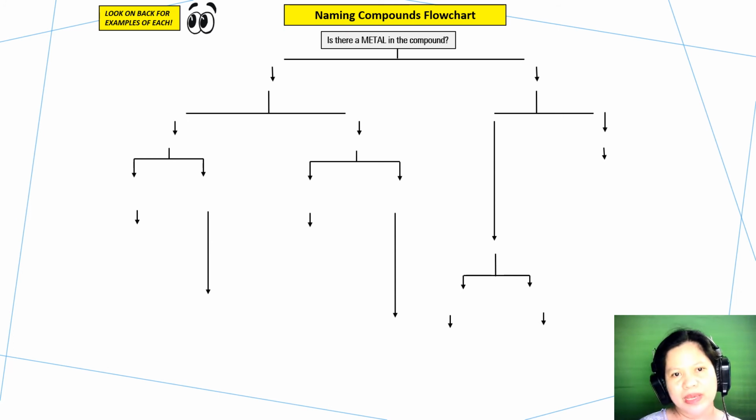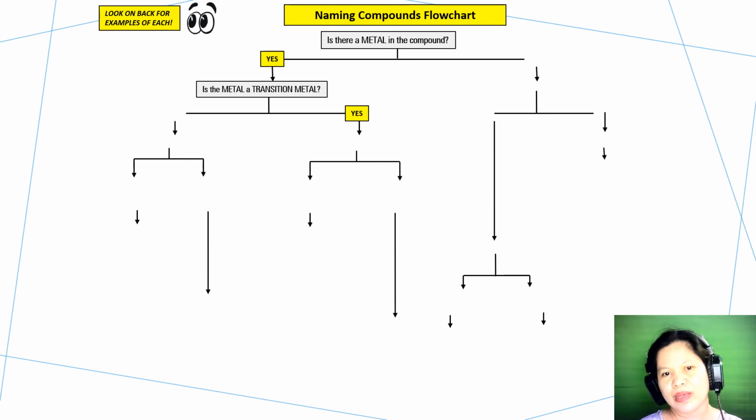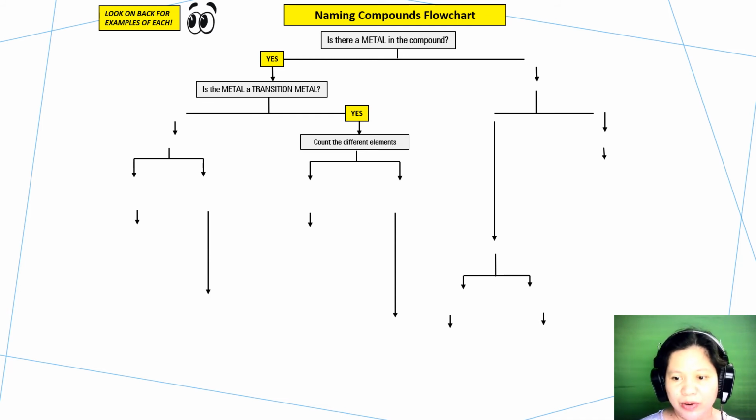Okay, next will be, if your answer is yes, ang sunod na tanong is the metal a transition metal? If your answer is yes, ang sunod na tanong, count the different elements. Ilang elements meron dyan?